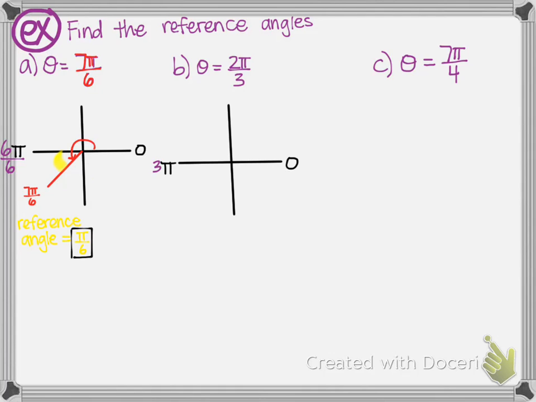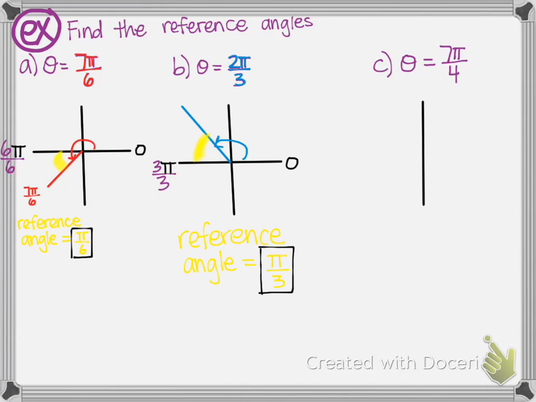If I'm considering 2 pi over 3, then I know that pi is 3 pi over 3. So if I need 2 pi over 3, I'm going to be before that and over here. My reference angle is that little yellow piece there, which would be pi over 3.